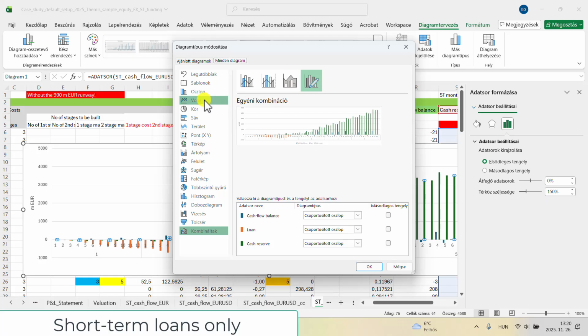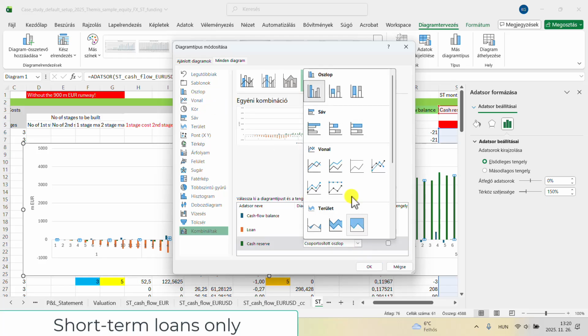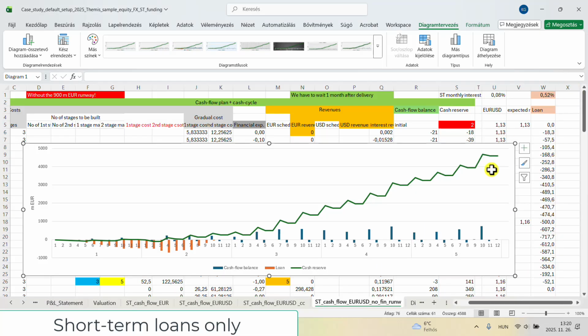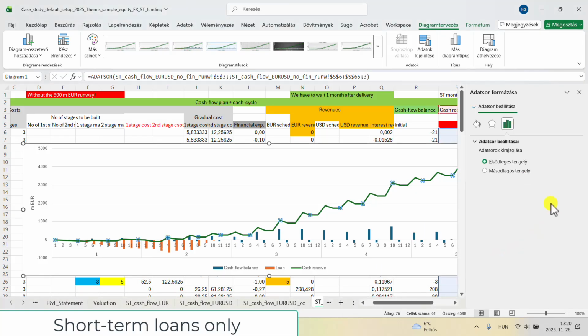Yeah, this is what I was looking for. So for the cash reserve, it's much better to add the line, and maybe move it to the secondary axis.